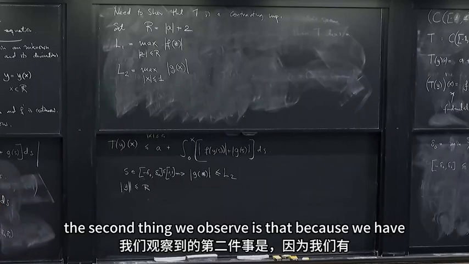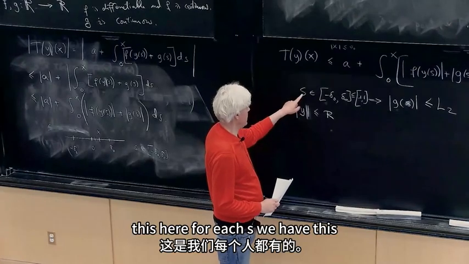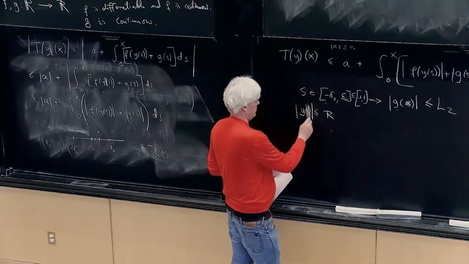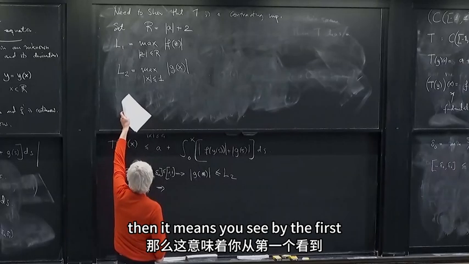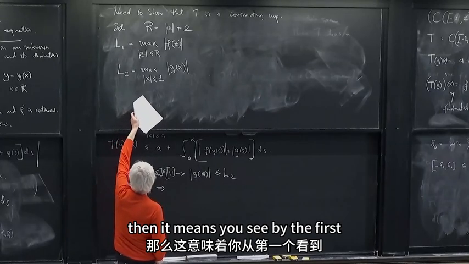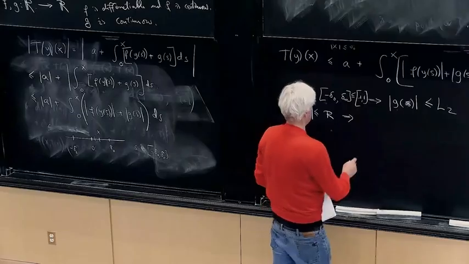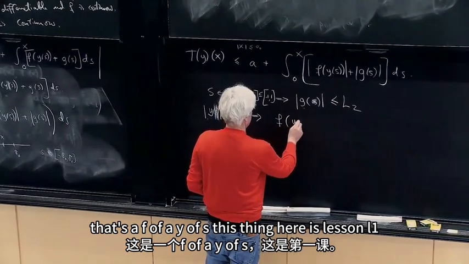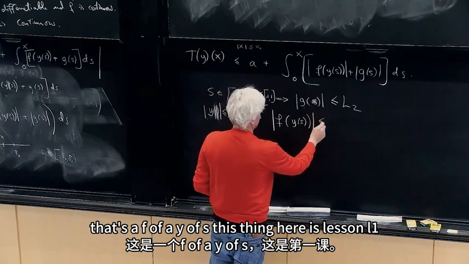The second thing we observe is that, for each s, by the definition of L1, |f of y of s| is less than L1.